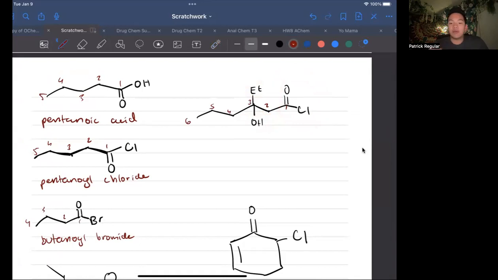Now, if I'm going to name it IUPAC-wise, we have to follow alphabetical order, not for numbering, but as we write it out. 3-ethyl, 3-hydroxy, because E comes before H in the alphabet. Hydroxy, 1, 2, 3, 4, 5, 6. Hexane. No, it would be oic acid, hexanoic acid. Remember, it's a chloride. Hexanoyl chloride.